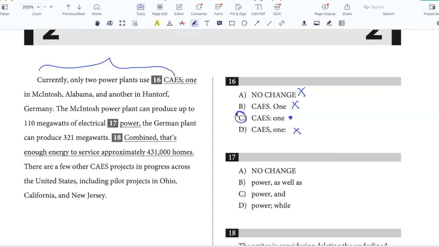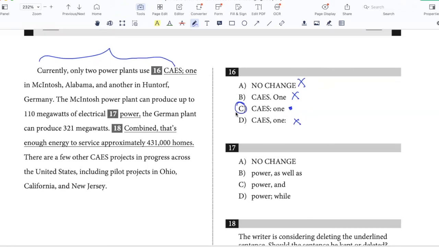Option C. The Macintosh power plant can produce up to 110 megawatts of electrical power. The German plant can produce 321 megawatts. Okay, so here I need to decide again the correct punctuation and to join the sentences. So it can't be A because they are both independent sentences. So if I put a comma, it leads to a comma splice error, right?